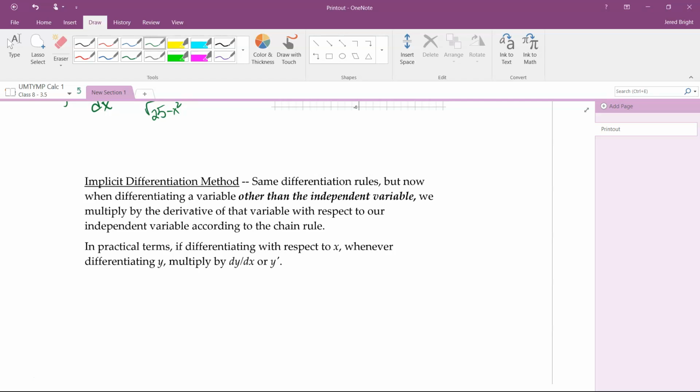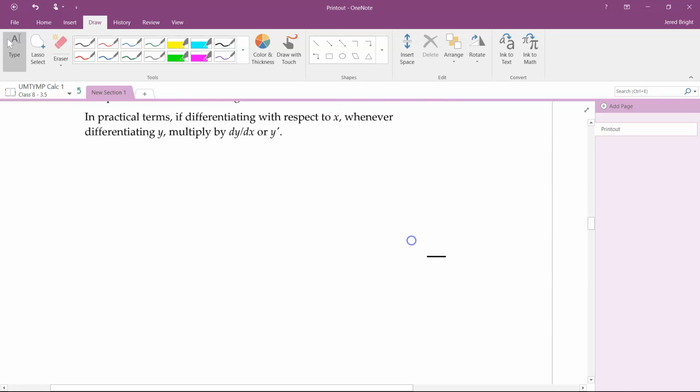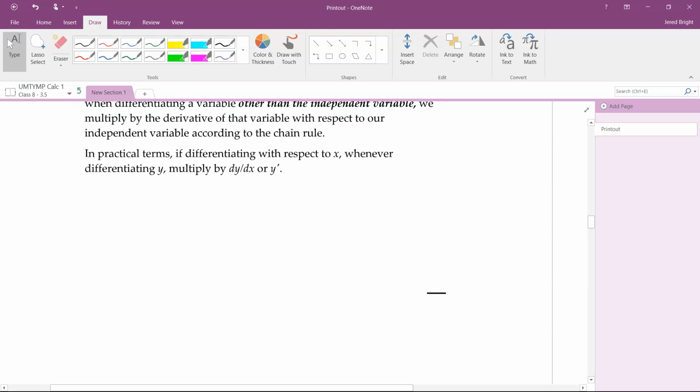We use the chain rule here. You can see my comment here: in practical terms, we are differentiating with respect to x, but whenever we differentiate y, we have to include the dy/dx because of the chain rule.